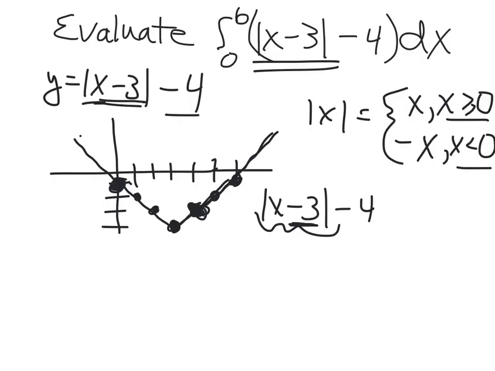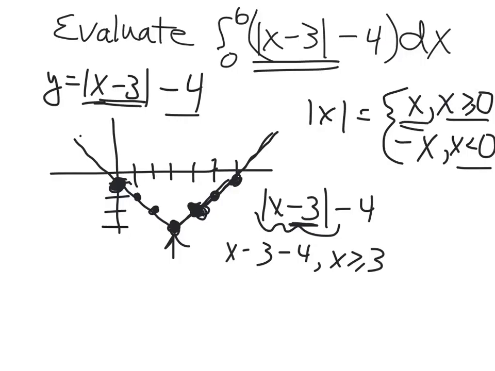Okay. Graphically, we can see at this point right here, it switches from one line to a different line. Okay. And as we look at that, I guess we can say greater than or equal to 3.